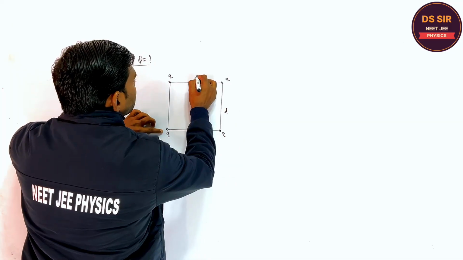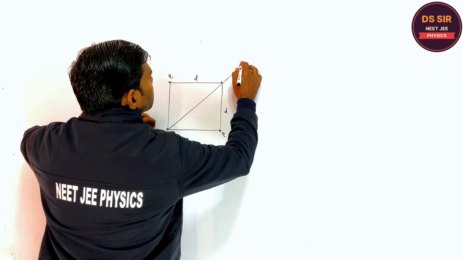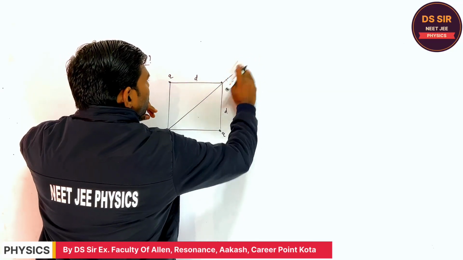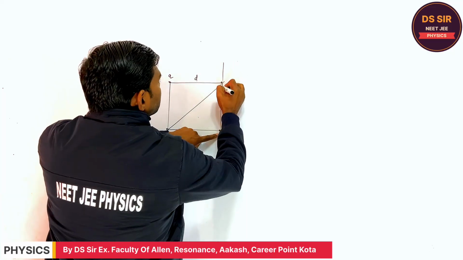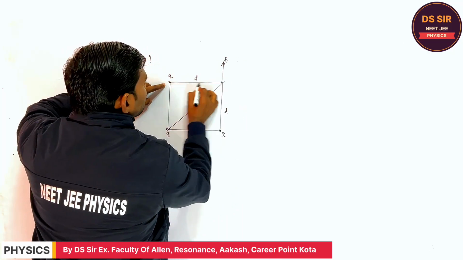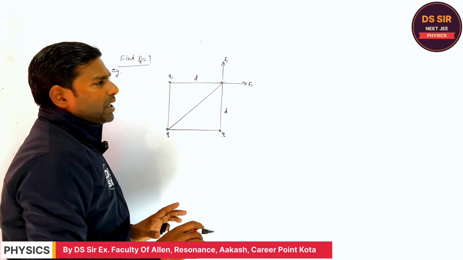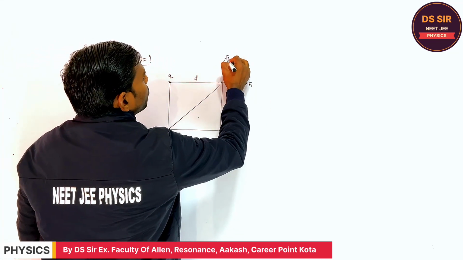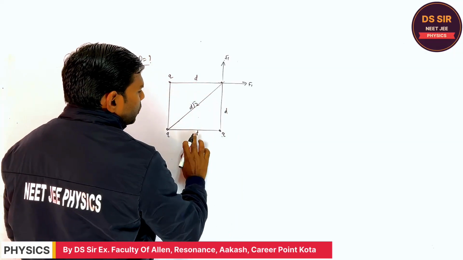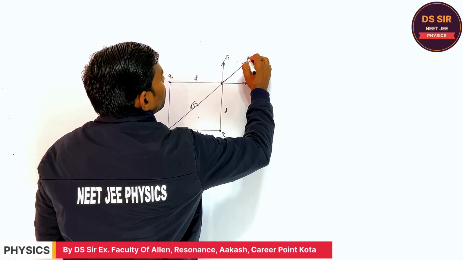Suppose this is d, this is d, right? Suppose this is the F1 force, or you may assume the force is say F1. Because of this, the magnitude will also be F1, right? I am writing the magnitude, and because of this, this distance will be d root 2, and the force will be equal to F2.